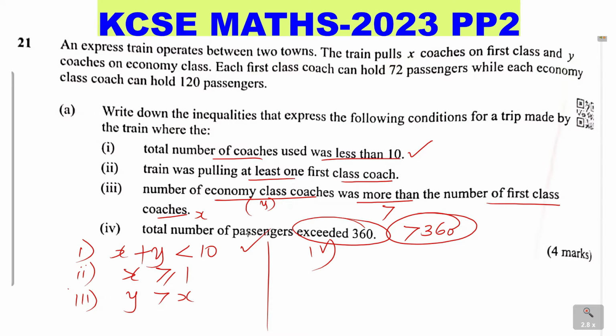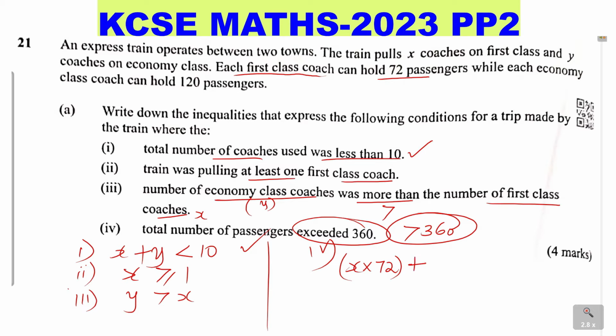Let's start with the total number of passengers for the X first class coaches. Each first class coach can hold 72 passengers. So if there are X coaches and each can hold 72 passengers, total passengers will be X times 72.